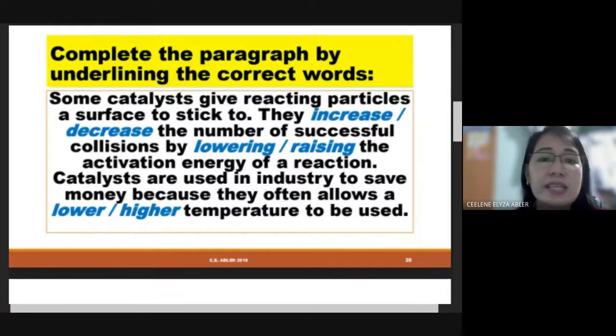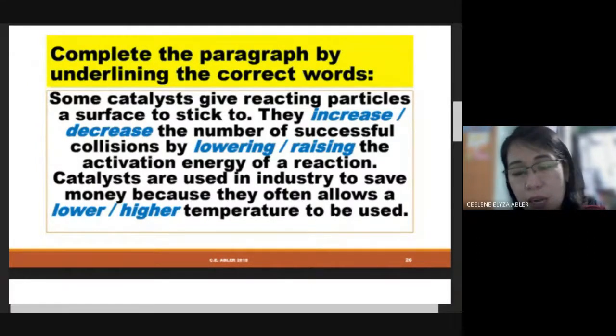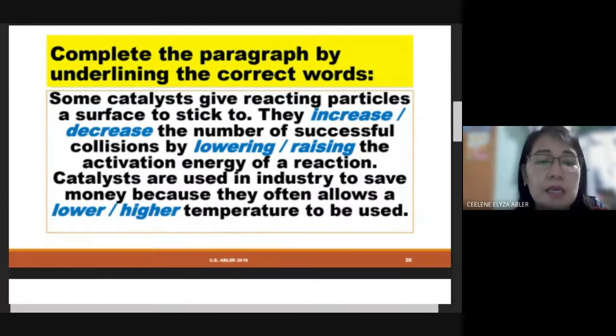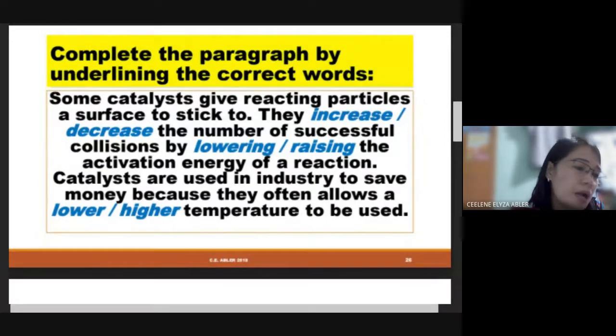So for this one, let's select which of these are the correct terms to complete the entire paragraph and to make the entire paragraph make sense. Okay. So let's have the first sentence. Some catalysts give reacting particles a surface to stick to. And if you have already reviewed your module 2, in the enzyme activity on page 3, you have different fits that we will be discussing later.